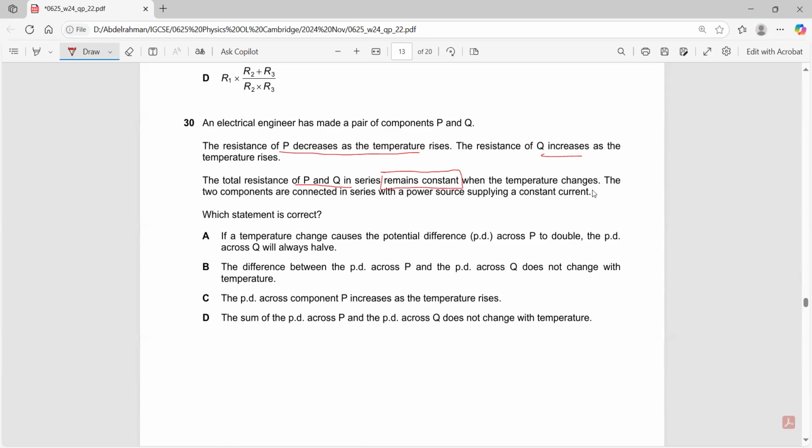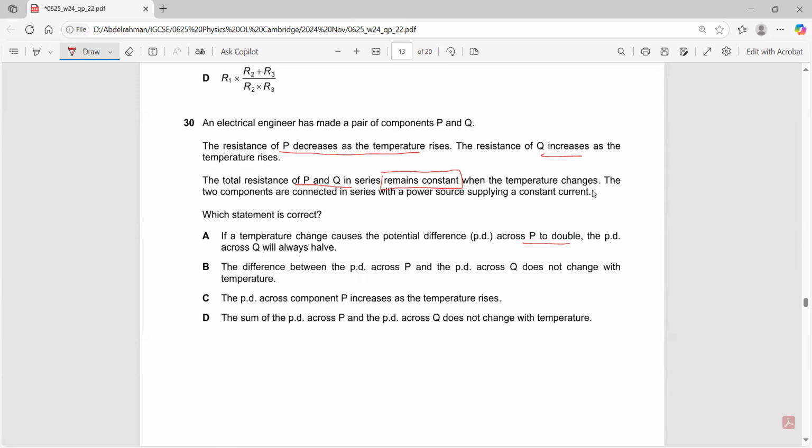Which statement is correct? If a temperature change causes the potential difference across P to double, the potential difference across Q will always halve. Does it have to be halved? No, it does not. It could change to another value. It doesn't have to be exactly halved.